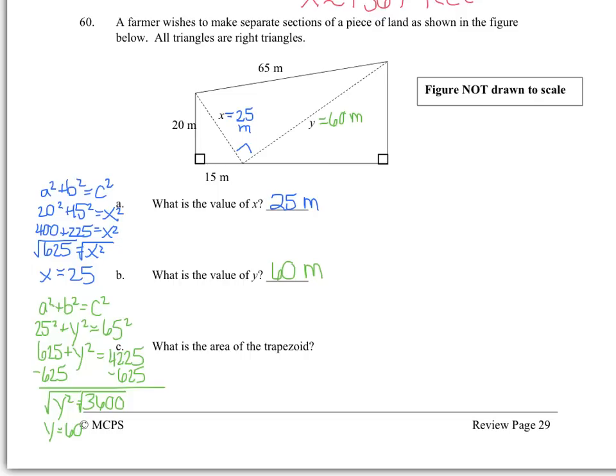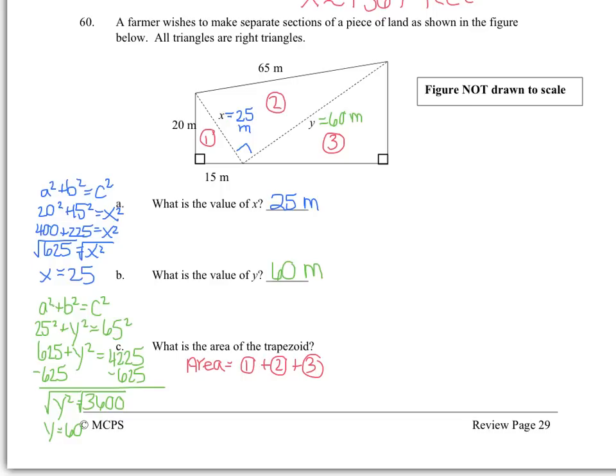Finally, I'm going to find the area of the trapezoid. What this really means is I need to find the area of this triangle, and this triangle, and this triangle, and the sum of those three areas will add up to the area of the trapezoid. So the area is going to be the area of 1 plus the area of 2 plus the area of 3.